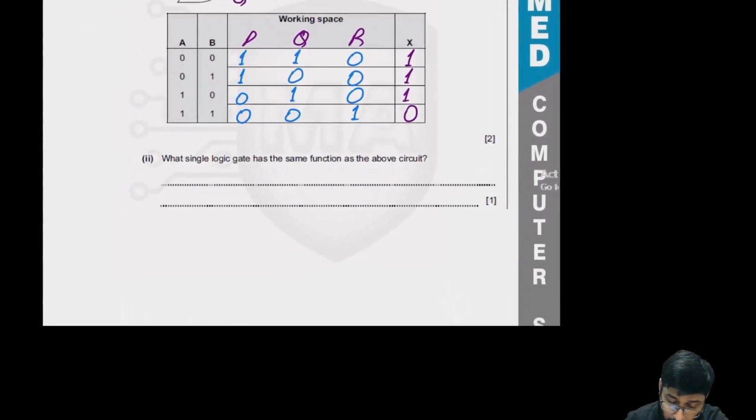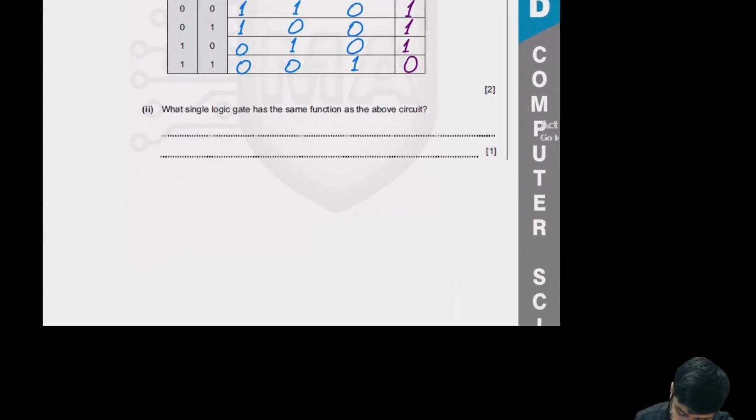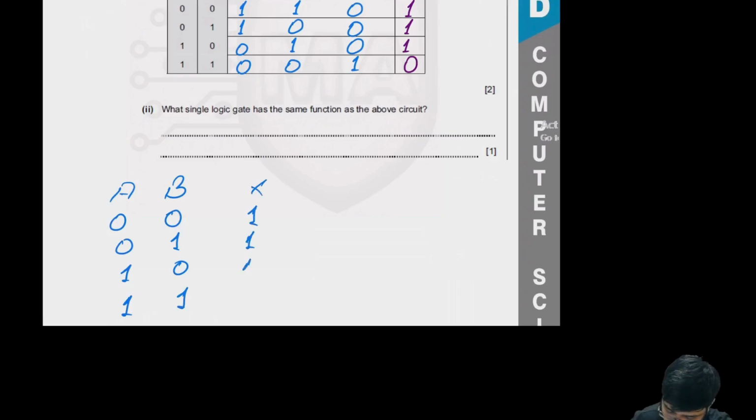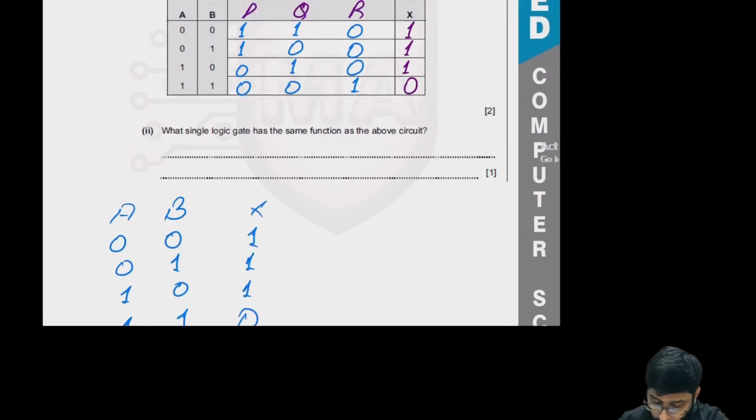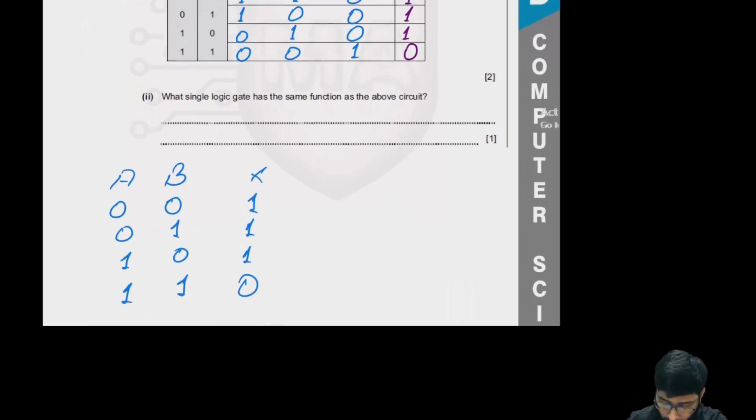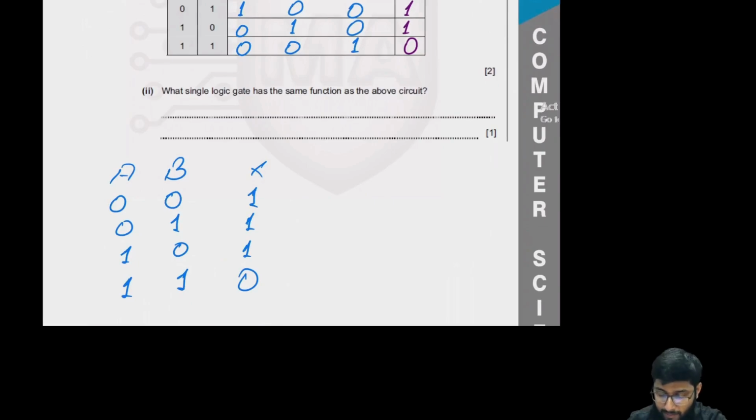Now actually what they are saying is, if you are having the inputs A and B, and the inputs were 0, 0, 0, 1, 1, 0, 1, 1 and you are getting the answer as 1, 1, 1, 0, what single gate will be giving you this answer if you are having this set of inputs?